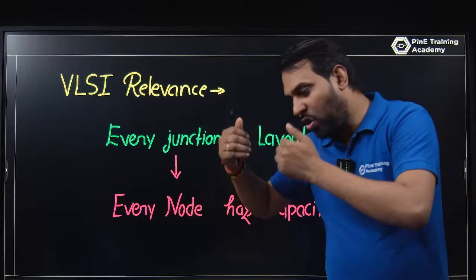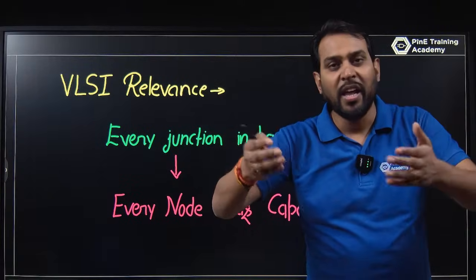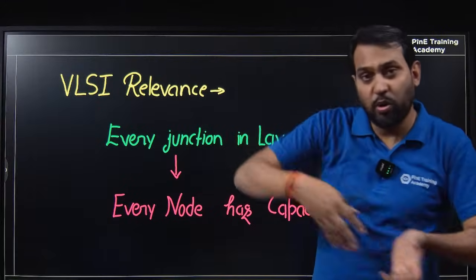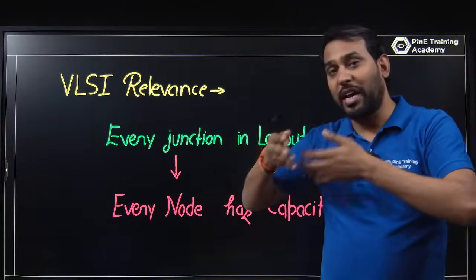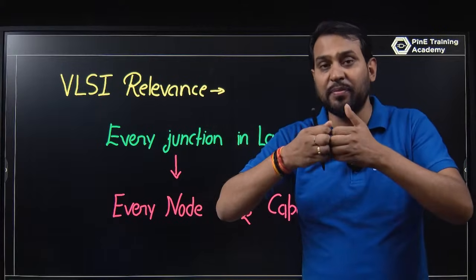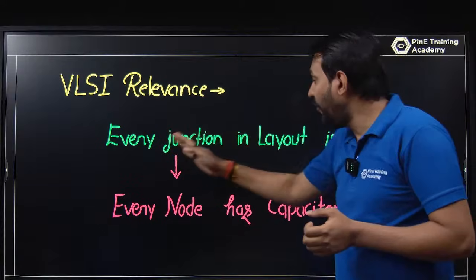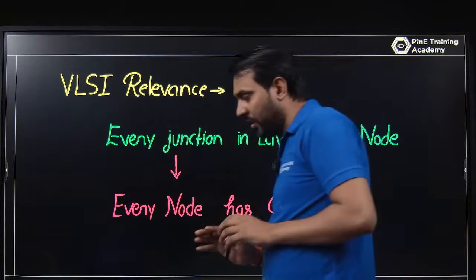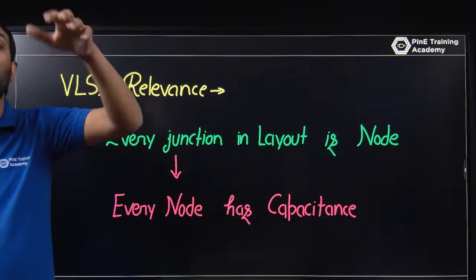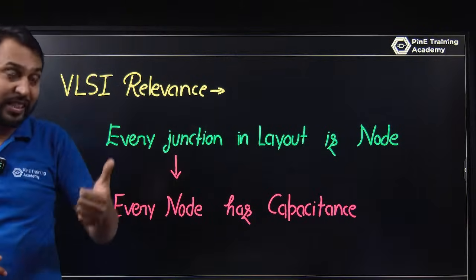If I want to go from Lucknow to Delhi, maybe the junction is Kanpur. If I am routing with a different path, if I am going with a car, it will be Agra. So of course we have a junction. Every junction in layout is a node. A junction is where two or more than two elements are connected.